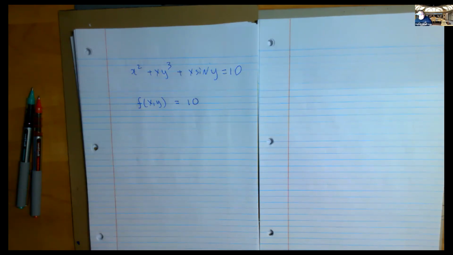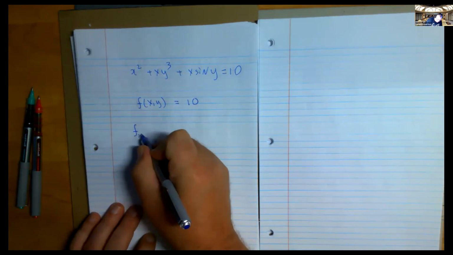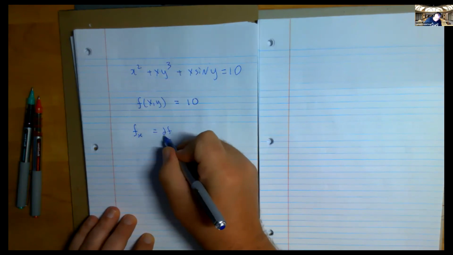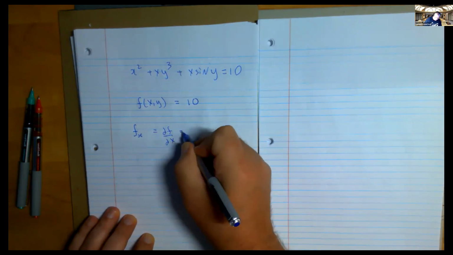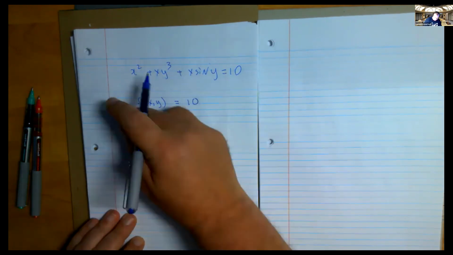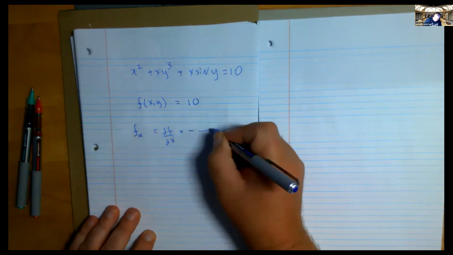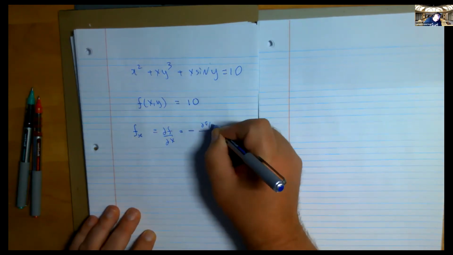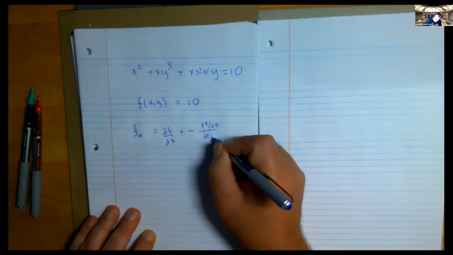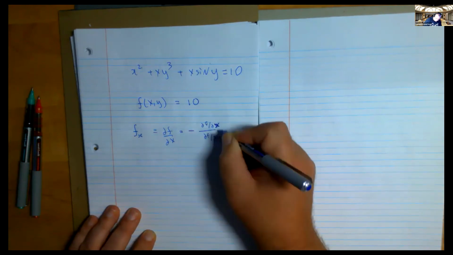Agreed? Now, if I find the partial derivative with respect to x, which is df by dx, I can go through this particular situation, and I can prove to you that it's equal to that guy.